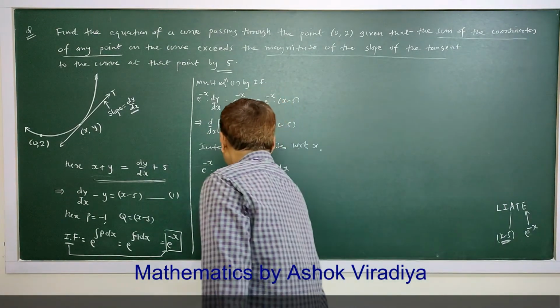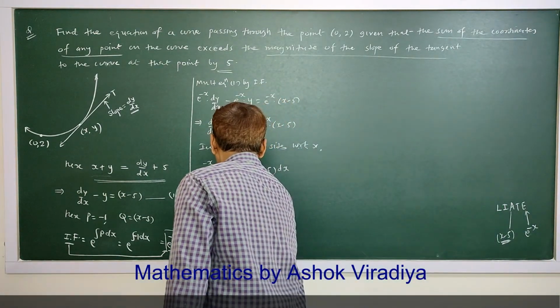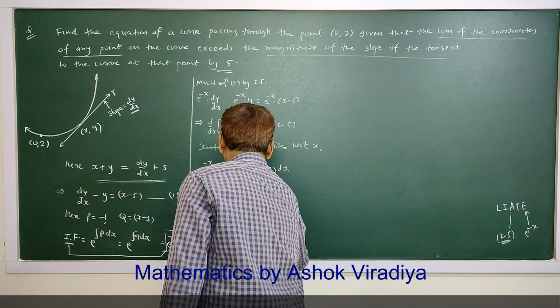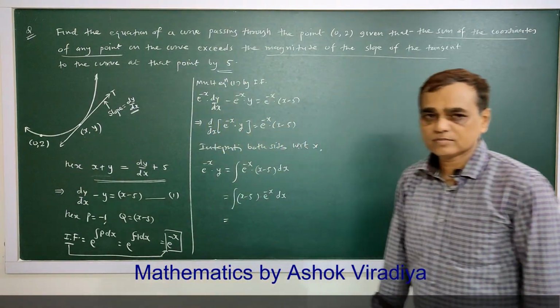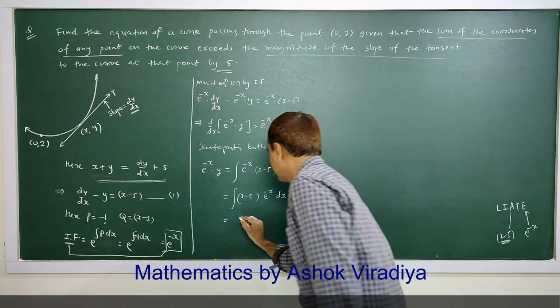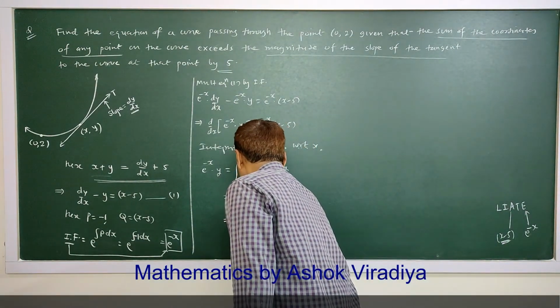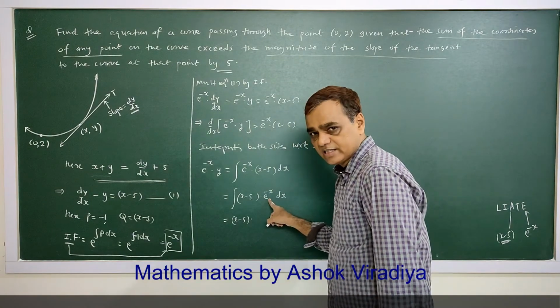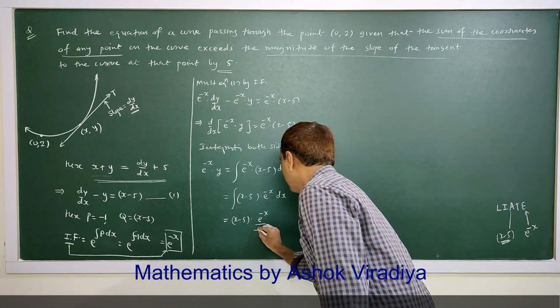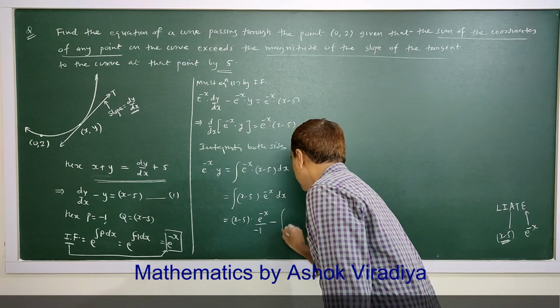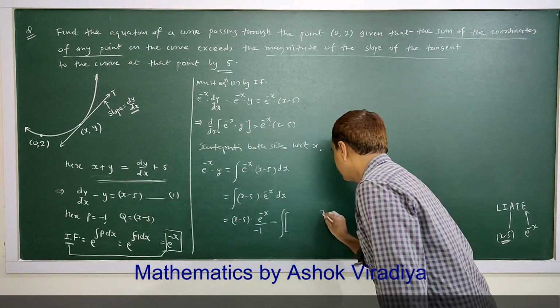So changing this order, u into v. Now u as it is, integral of v, its integral is e raised to minus x upon minus 1, minus integral of box.